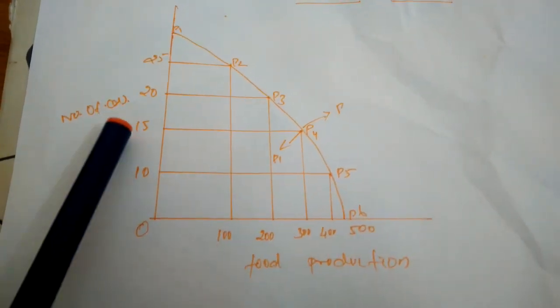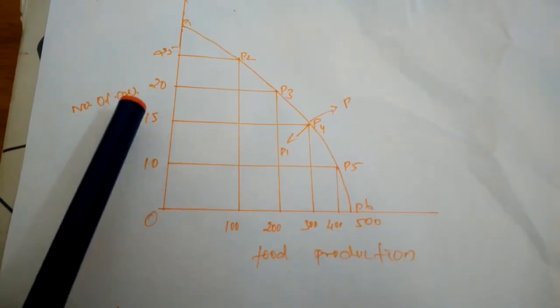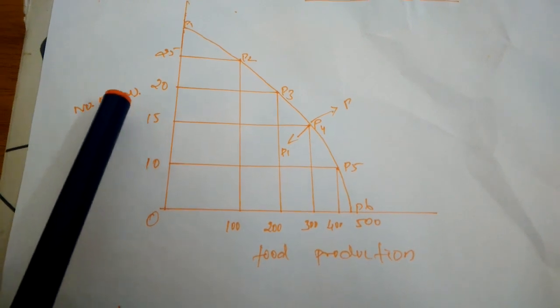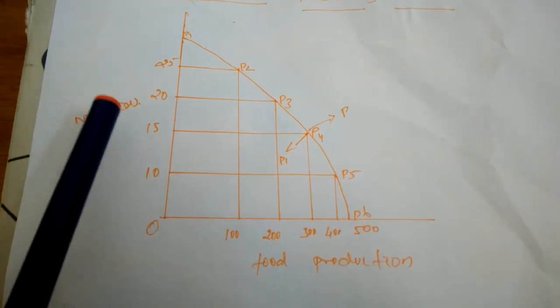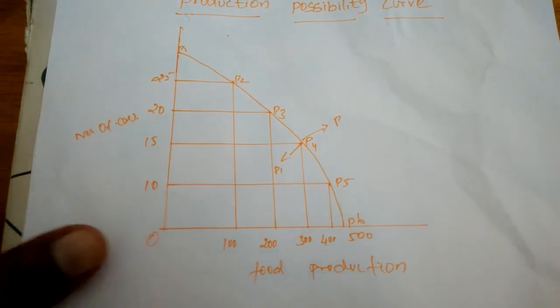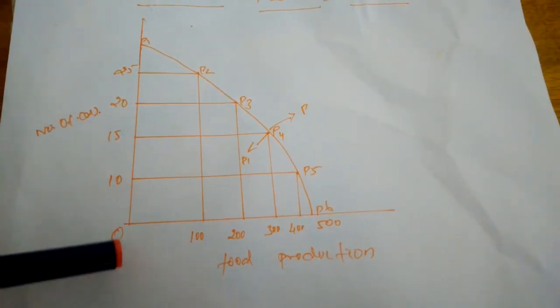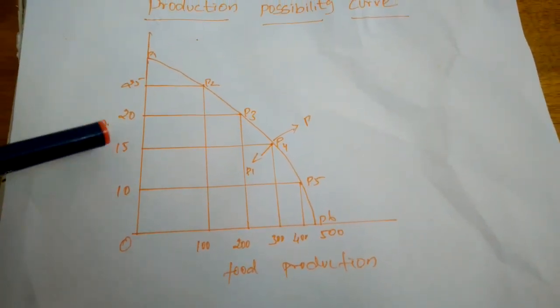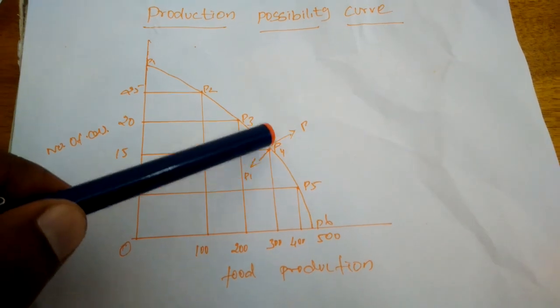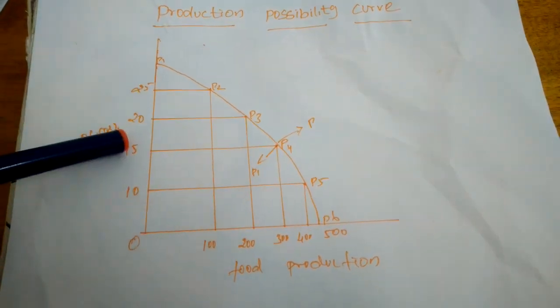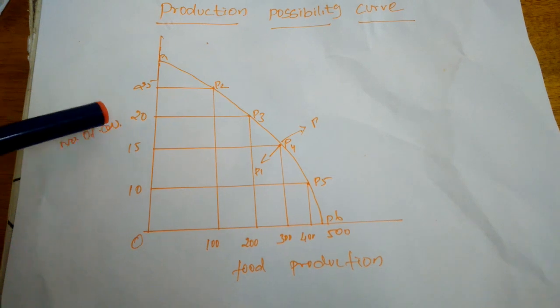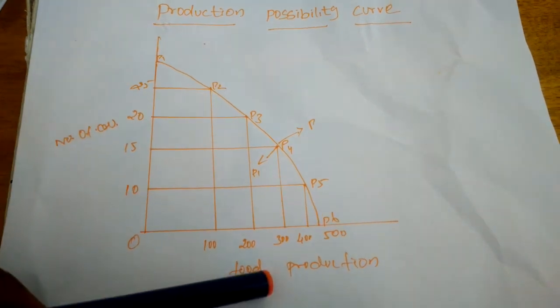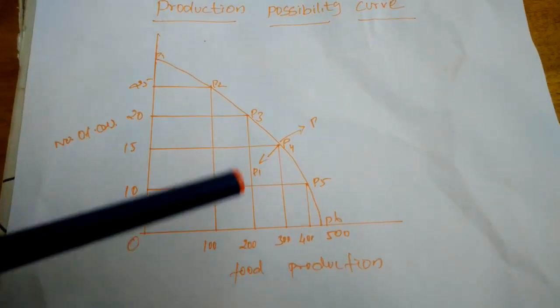Normally, all nations want to achieve full or optimum satisfaction. If the nation selects the possibility P4, it will be in equilibrium between the production of cars and the production of food.